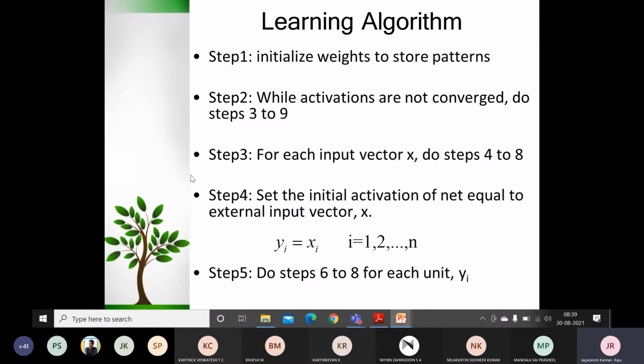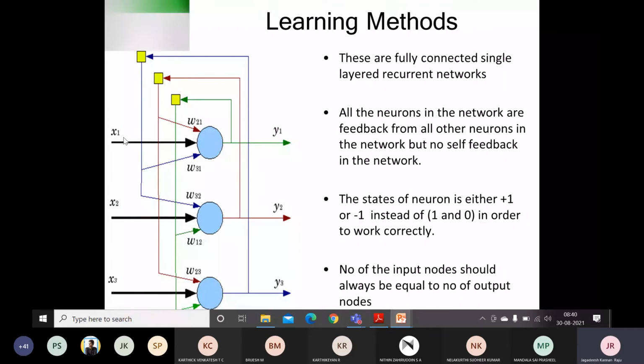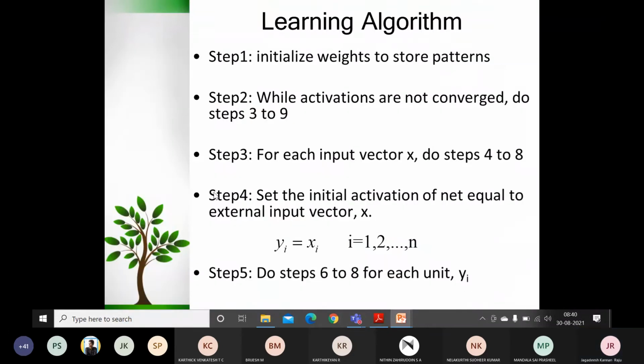If I am unable to get the output, it is not converged, and I need to continue the steps 3 to 9. For each input vector x, I need to repeat steps 4 to 8. Set the initial activation of the net equal to the external input vector x, so yi equals xi.